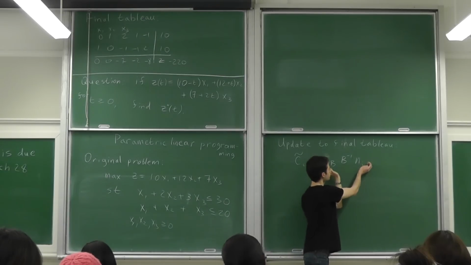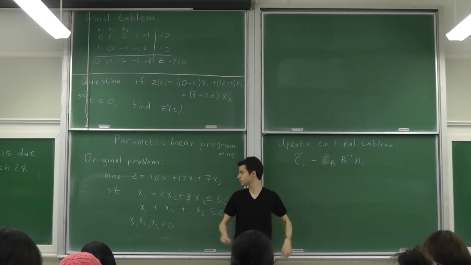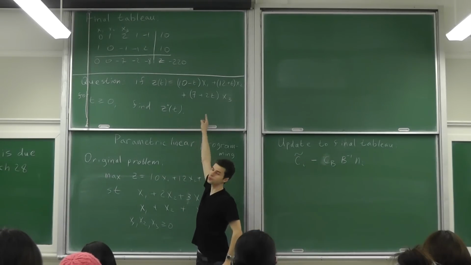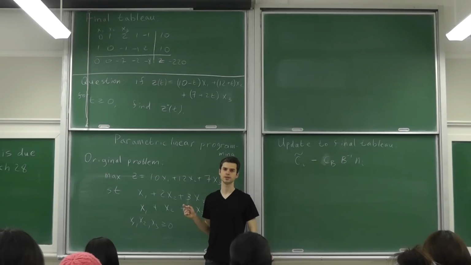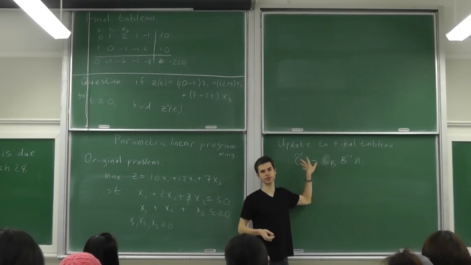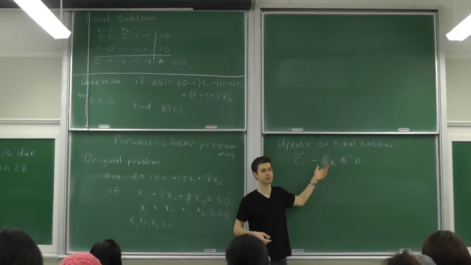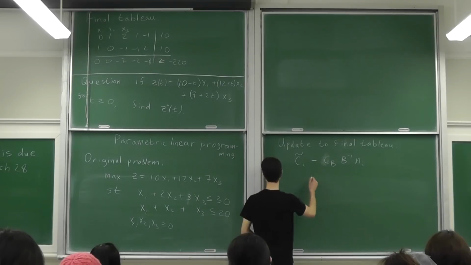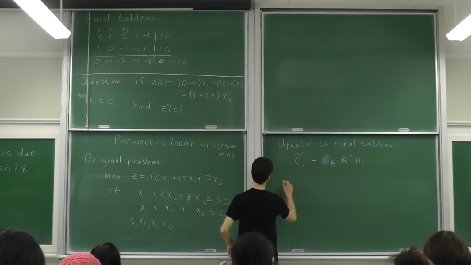So this will stay as it was. This coefficient used to be 10, now it will become 10 minus t. So the whole change will be, from the old expression, subtract t. So a new table will be as follows.